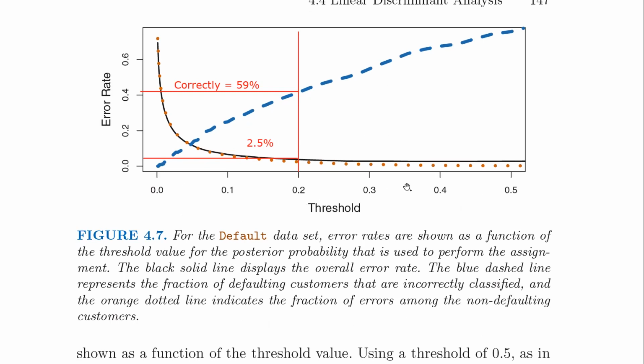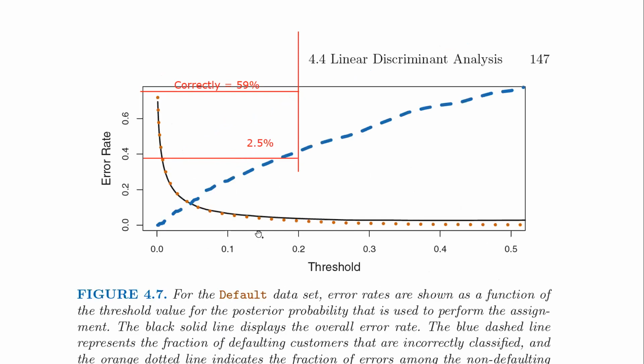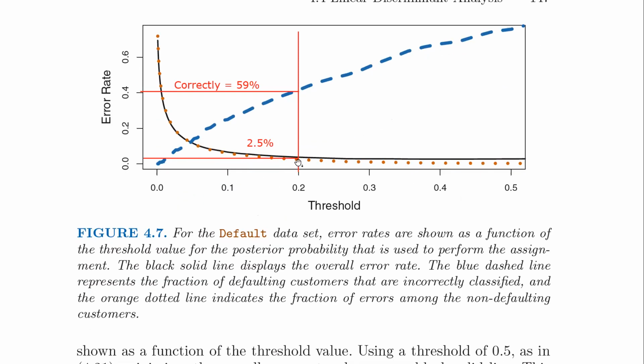So for each threshold, you're going to calculate the true positive rate for a threshold of 0.2. The true positive rate is the positives that you correctly classified as a positive. Positive in this situation is the defaulters.